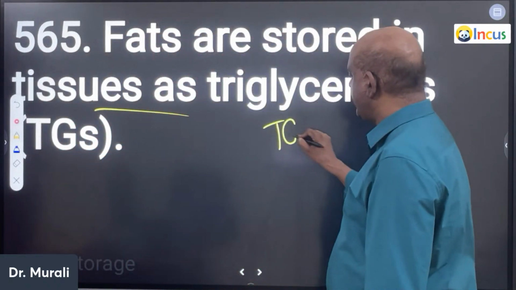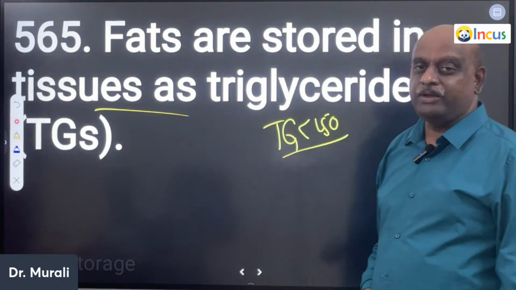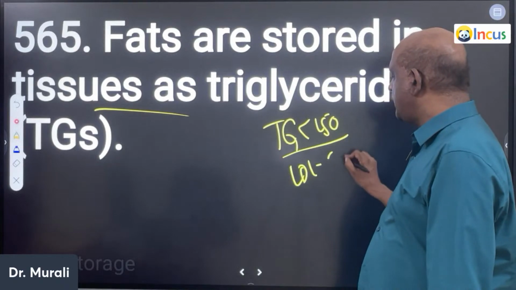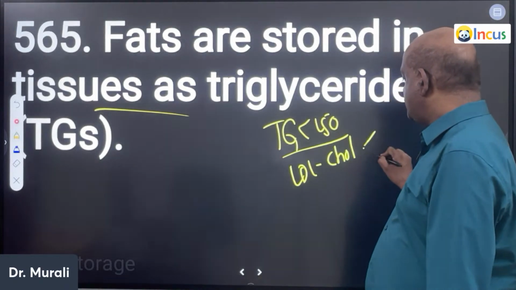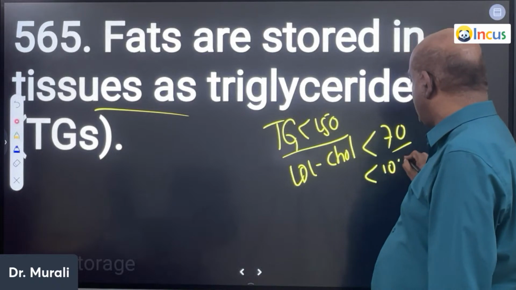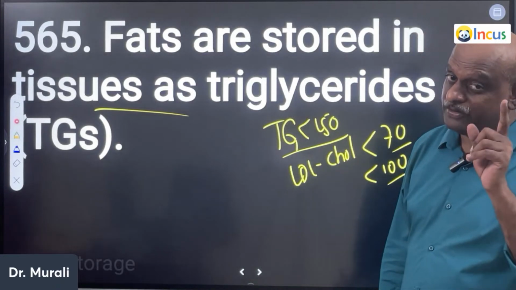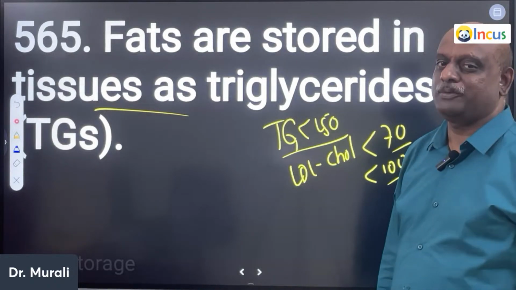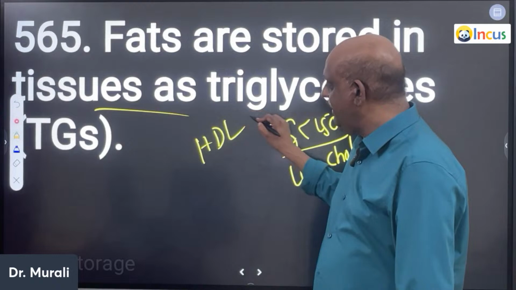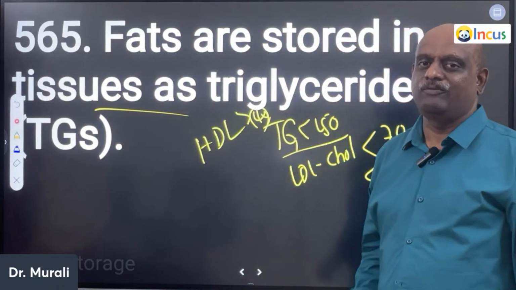Remember, triglyceride less than 150. You tell the grandma you will live up to 150 years. LDL cholesterol less than 70 if there are risk factors and less than 100 without risk factors. Then you tell grandma you will live up to 100 years. HDL ideally should be more than 40, it should not be less than 40.